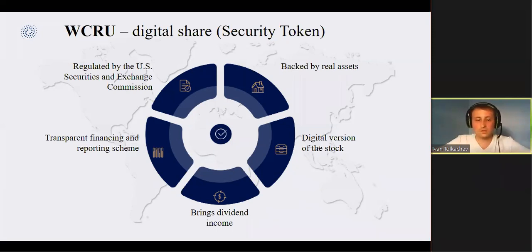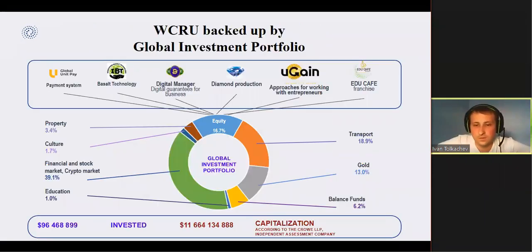Next slide, please. What does it mean that it is backed by real assets? Meaning that the WCRU token is backed by the global investment portfolio. The company invests in over 20 economic sectors, including real estate, transport, technologies, culture, gold, financial, stock market, education, diamond production, and other sectors.